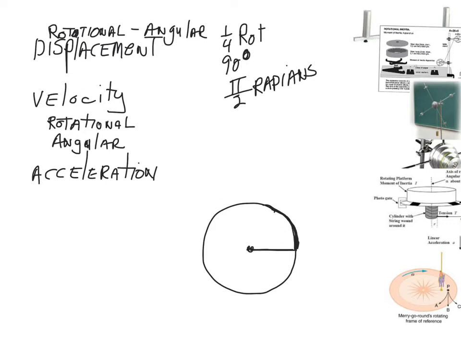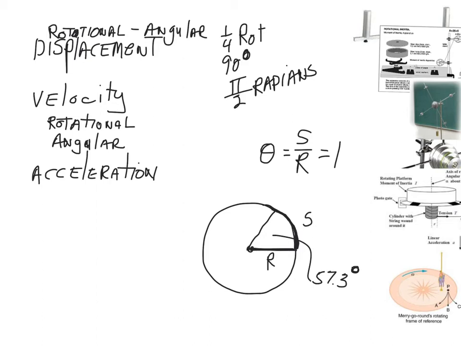And I go 10 centimeters along the arc. S is the symbol we use for arc length, r is the radius, and so the angle in radians is whatever the arc length is over the radius. So if the arc length is equal to the radius, that will be 1 radian, and as you'll see later, that turns out to be 57.3 something degrees.